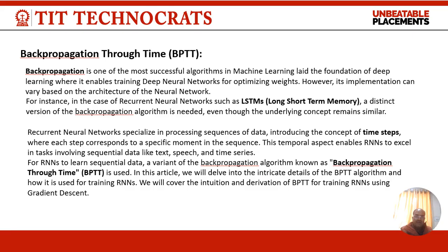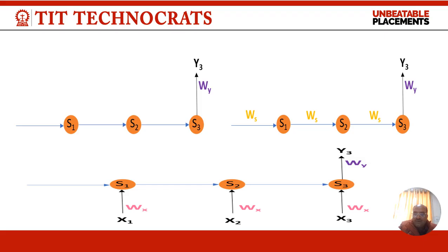Through time, backpropagation through time is used. Here we will delve into the intricate details of the BPTT algorithm and how it works. Now let us see how the backpropagation algorithm works. You can see in this diagram how the weights are updated according to the requirement.